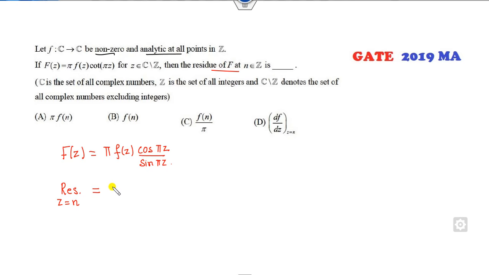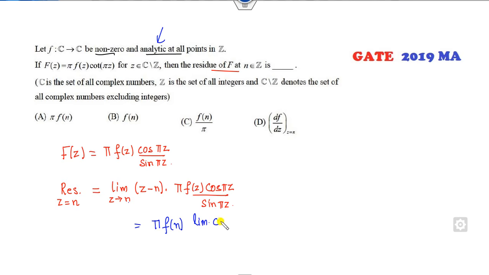Again, very simple: I can take the limit as z approaches n of z minus n times this function, cos of pi z divided by sine of pi z. Since small f is analytic here, I can substitute z equals n, which is outside, and the rest is the limit of cos over sine times z minus n.